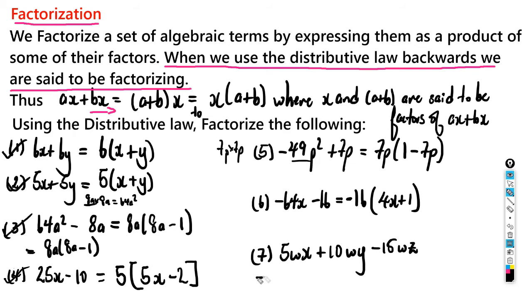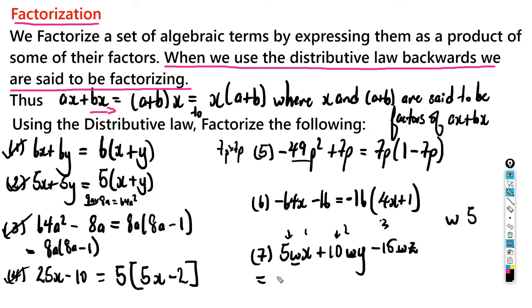Okay. Now for this one, we actually have 3 terms, 1, 2, and 3. And if we look at these algebraic expressions closely, guys, we can all see that there's a w in each of them, right? So we know we can factor out a w, and we can also see that there are factors of 5 here, 5, 10, and 15, so we know we can factor out a 5.